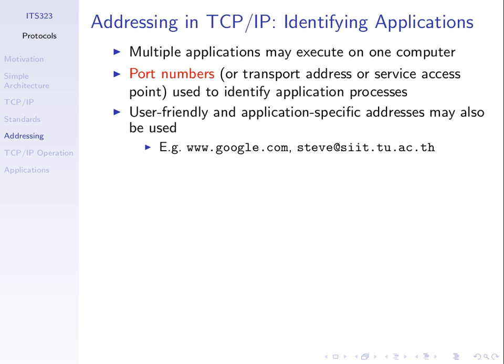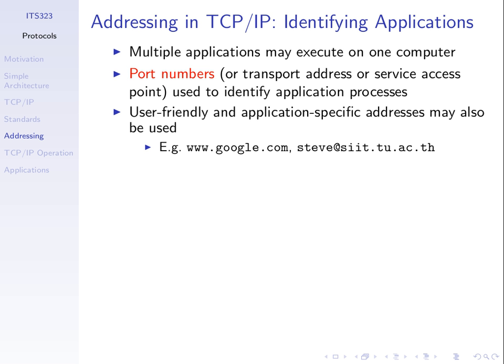So when it receives the data, the computer knows to deliver the data to the web server, not to the email server or SSH server, or not to some other application. Deliver it to the application using port 80. So port numbers allow us to have multiple applications on a computer and communicate between them at the same time.